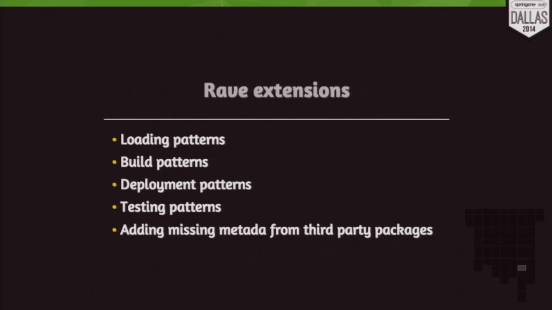The idea is to do them not only for loading your modules, but also for building, deploying, and testing your application. It's to get rid of all the ceremony: you do it only once, and when this code is there, there is no more ceremony to add. It's also useful to fix some missing metadata, because package authors didn't put in all the necessary information.